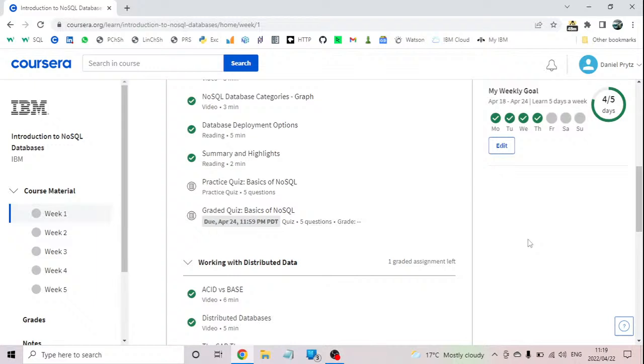Okay, so here it is. So explain the primary use cases. So recommendation engines. I think mapping.